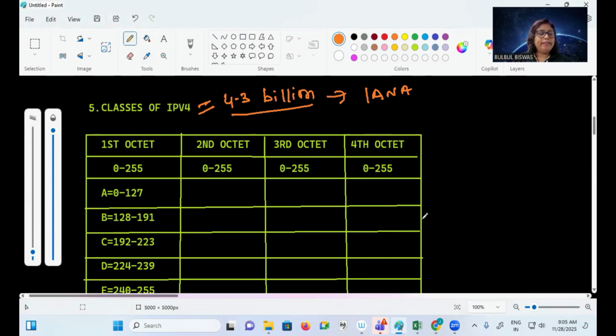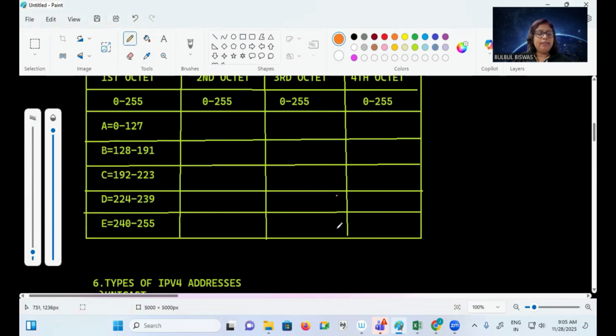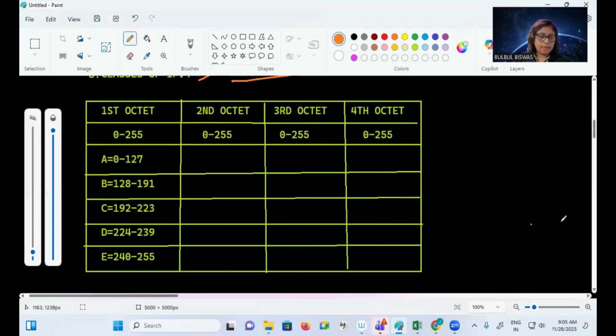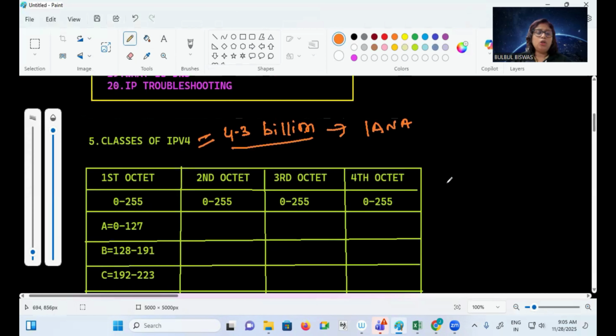IANA has divided IPv4 addresses into 5 classes. On the basis of what? On the basis of the first octet value. IANA has said, I am dividing all IPv4 addresses into 5 classes based on the first octet value.